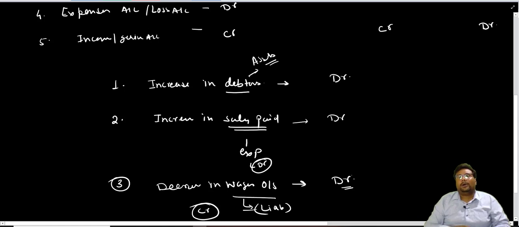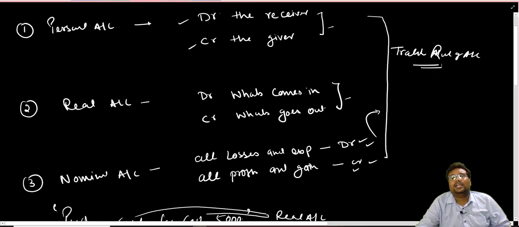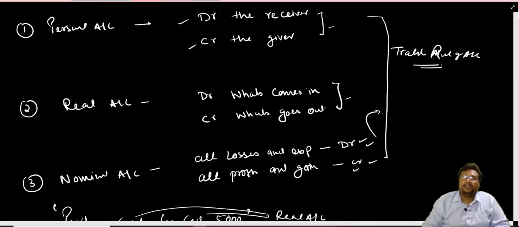So this is all about the modern approach. We have two approaches. One approach is the traditional one, where personal account, real account and nominal accounts are there. By implementing the rule, we can make anything debit or credit.